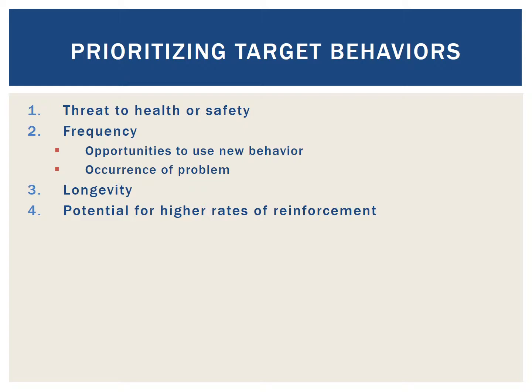The other issue is longevity. The behavior that you're changing, is it something that is going to benefit that person across time? Or is it something that's very specific to a current situation that isn't necessarily going to be important to that person at another point in time?